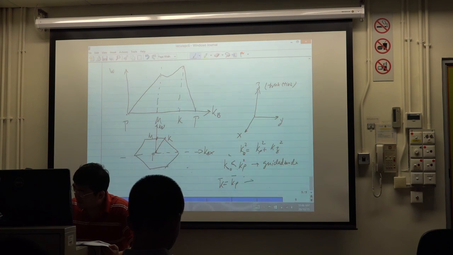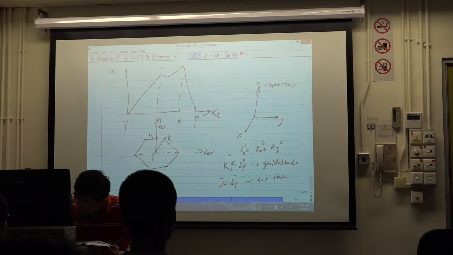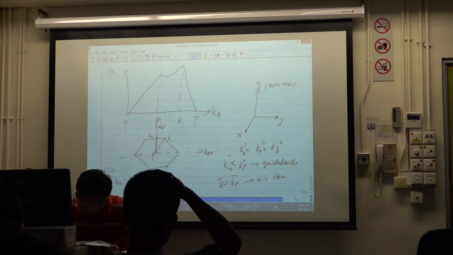This is the air line, just making kz equal to 0. So along the Gamma and M direction, you can see first that kx equals 0, k Bragg x equals 0.